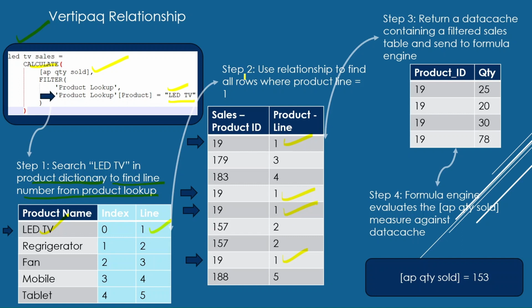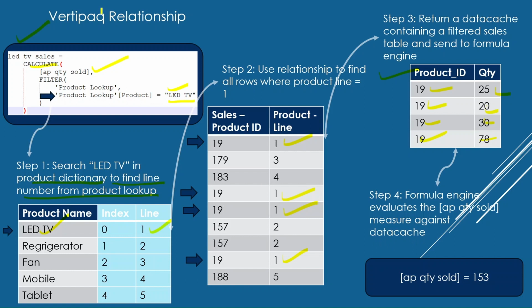Once Power BI identifies them, it returns a data cache containing a filtered sales table and sends it to the formula engine. In the data cache, this is the product ID and this is the total quantity. Then the DAX query will be evaluated. The formula engine evaluates the total quantity sold measure against the data cache.